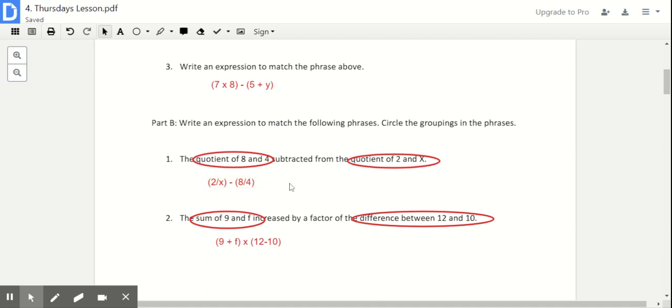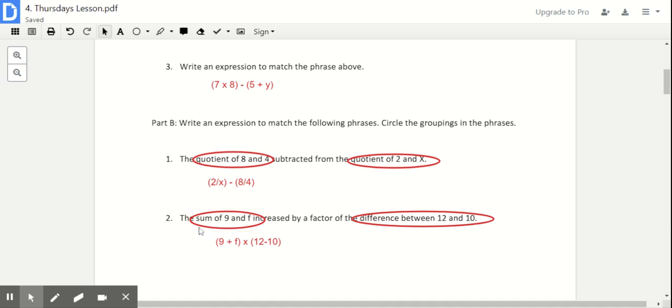So make sure you are reading the questions and the phrases carefully because it's telling you how you should be setting this up. Order always matters when we're doing subtraction and division, so you have to make sure you are paying attention to this.